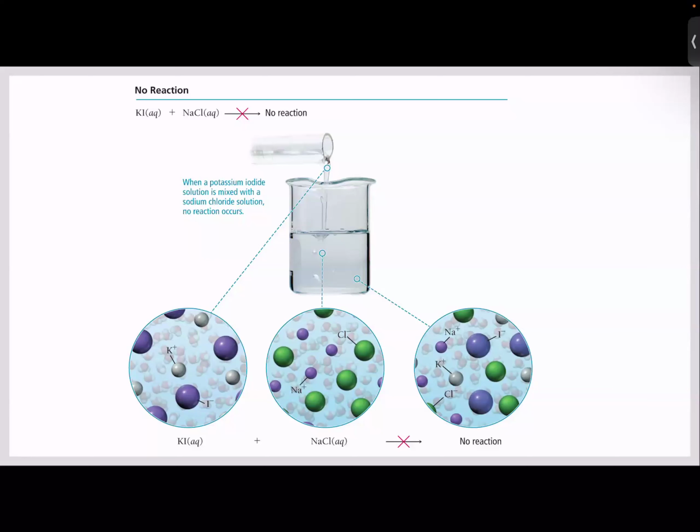But if you look at the possible products that form, neither one is a solid. In fact, what you have when you combine these two is just a bunch of ions. So we say no reaction has occurred in that case.